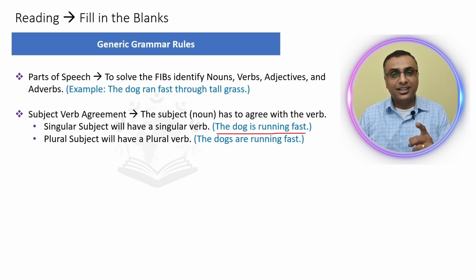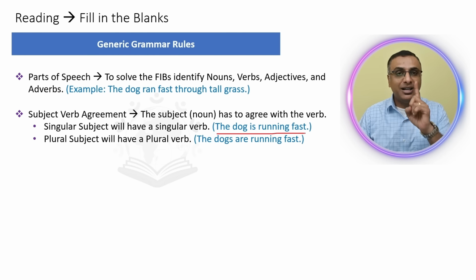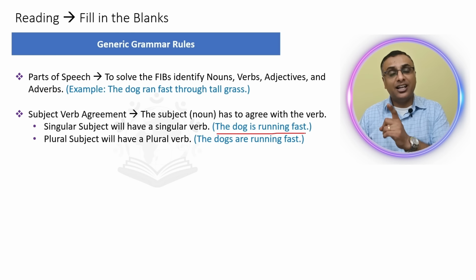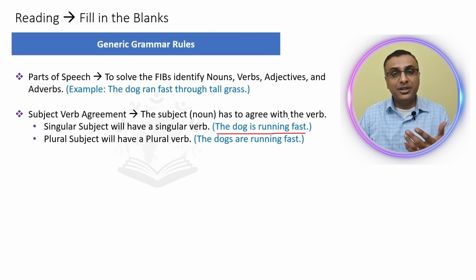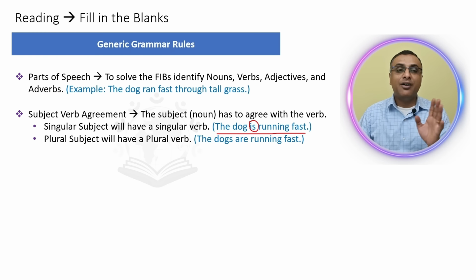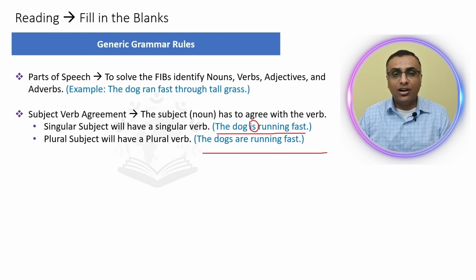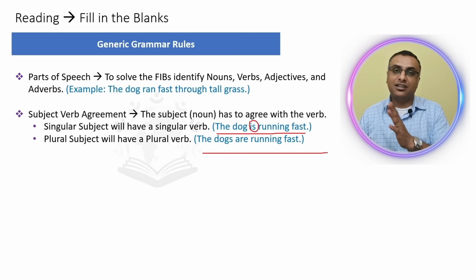The dog, it is nothing but a singular subject, is running fast. Here, the verb is nothing but running. It has an is. What is? Here, it is a helping verb, which is nothing but a singular helping verb. Next, the dogs are running fast. Here, the dogs. There are multiple dogs. That is why it is called a plural subject. On the other hand, are running fast. Running is nothing but the verb again. What is are?